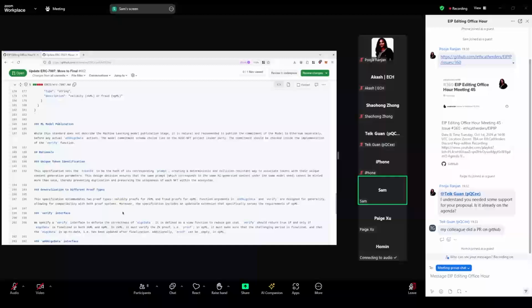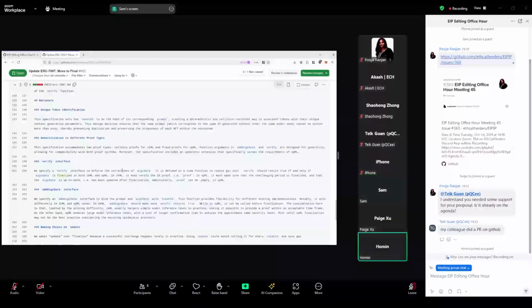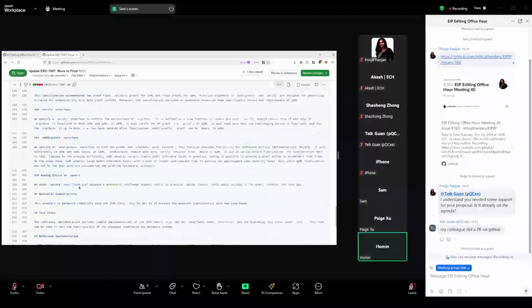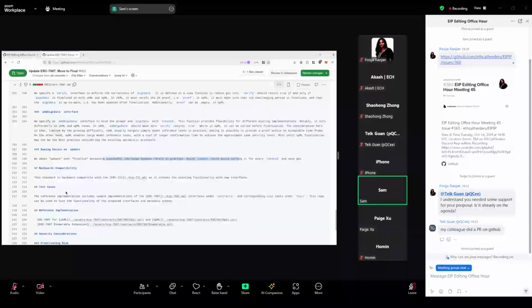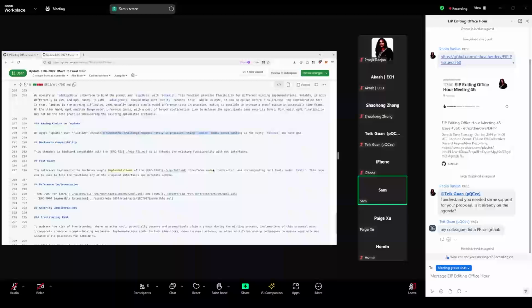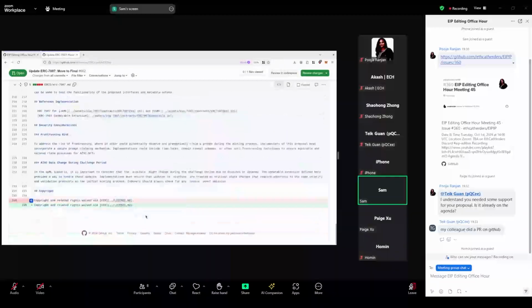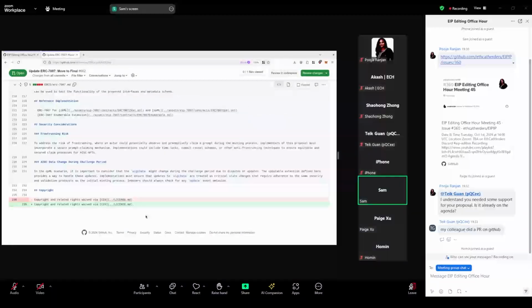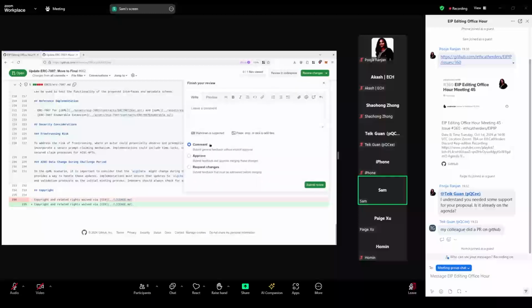Specification. Test cases. Perfect. Good. What changed on this line? Nothing? All right. Good to go.